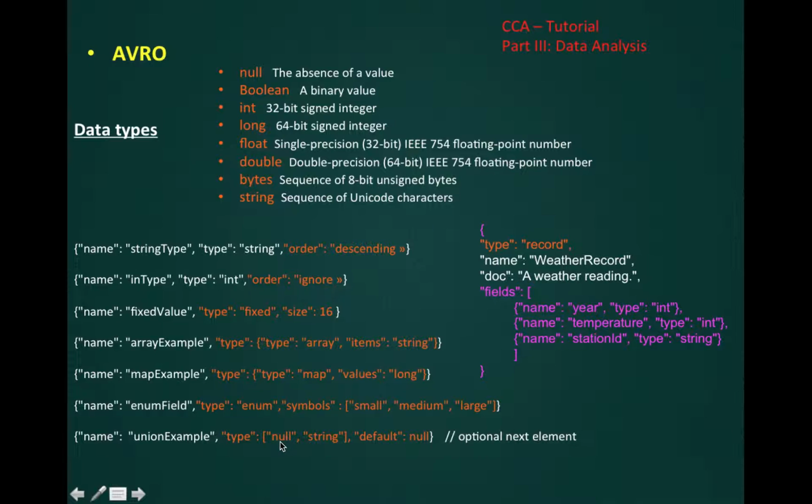But if that field is present in the data, Avro will take the right type. So we need to specify the type null by default. If this field is not present in our data, Avro will just consider that this field doesn't exist. This is very useful for schema evolution.